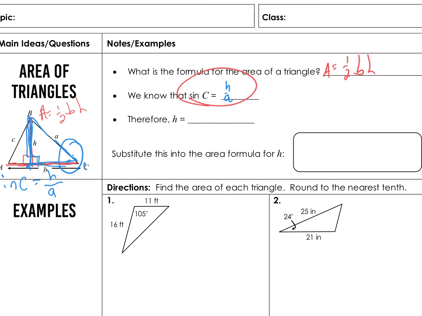Now, if I solve this for H, it would mean multiply both sides by an A, and the A's cancel. That gives me H equals A sine of angle C. Now, if I take this relationship for H, which is the same as this H right here, and I substitute that in, look what it looks like.